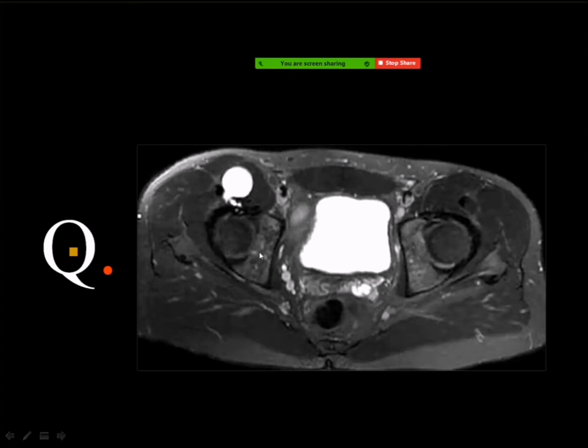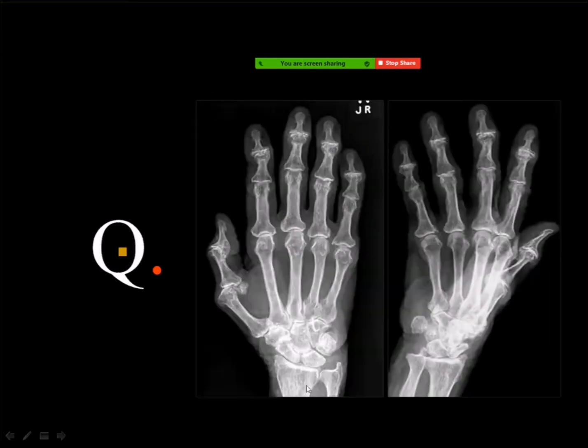Number two is fluid coming from the hip joint. Then, if you have fluid in the hip joint and fluid in the iliopsoas bursa, you think that both are related. But if you do not see fluid in the hip joint and you have fluid in the iliopsoas bursa, then this is iliopsoas bursitis.